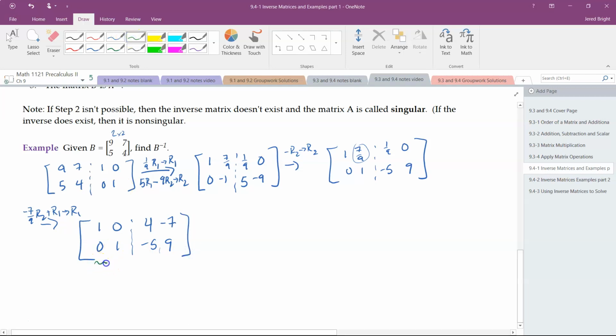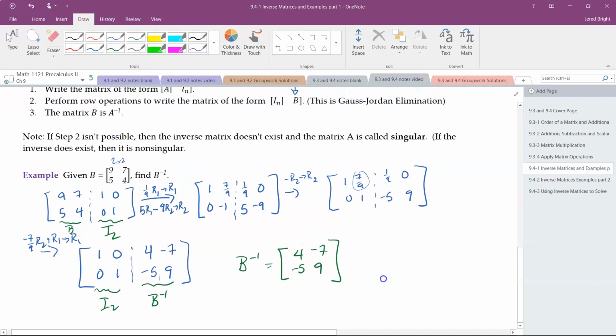This is I2, which was over on the right to begin with. It's over on the left now, and here was my matrix B, so that means B inverse is this nice matrix here: 4, -5, -7, and 9. So in this case we were able to do Gauss-Jordan elimination to get our matrix.